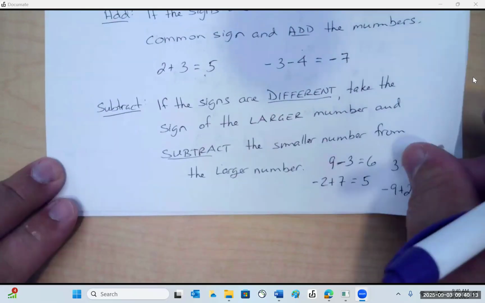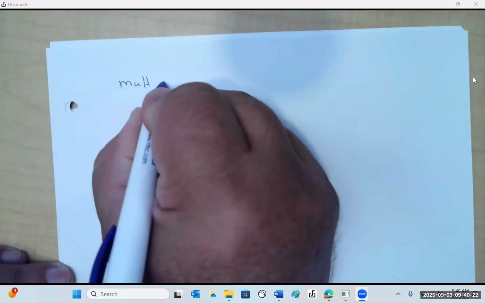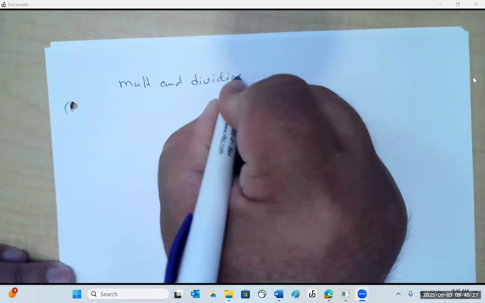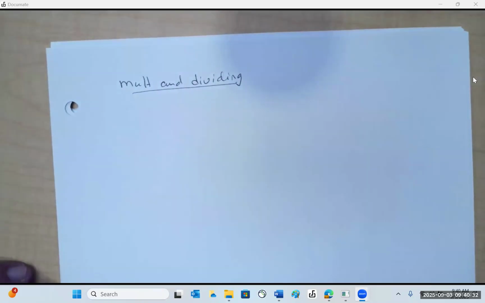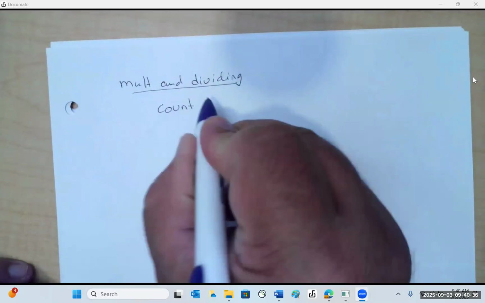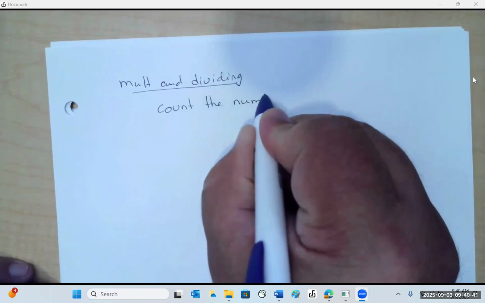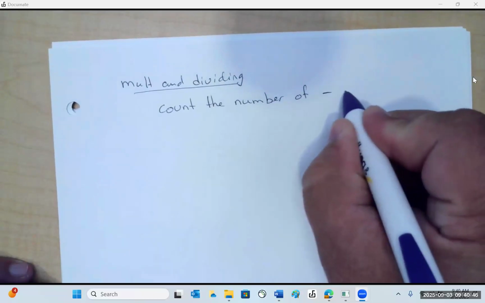So that's adding and subtracting. Multiplying and dividing is even easier. Multiplying and dividing. Count the number of negative signs.